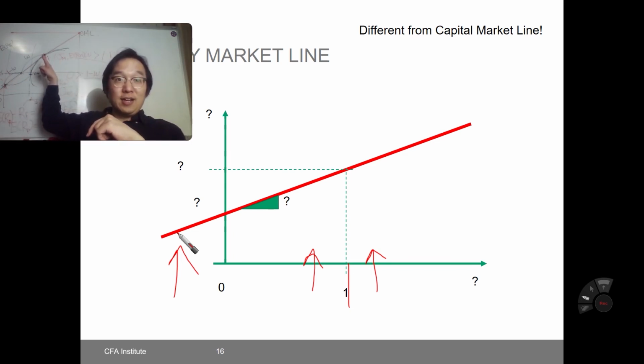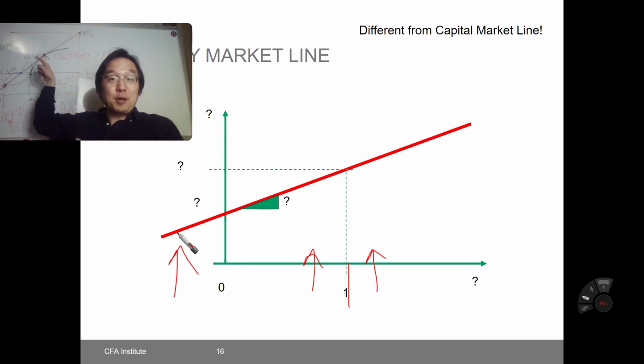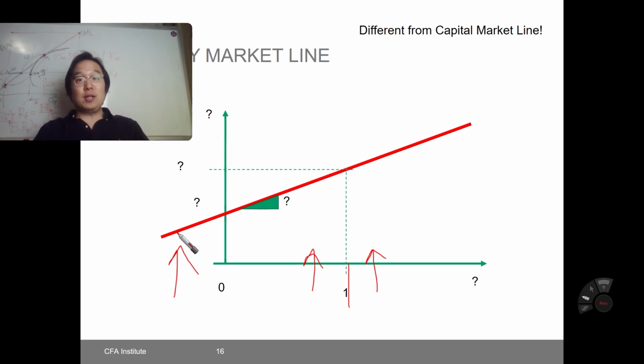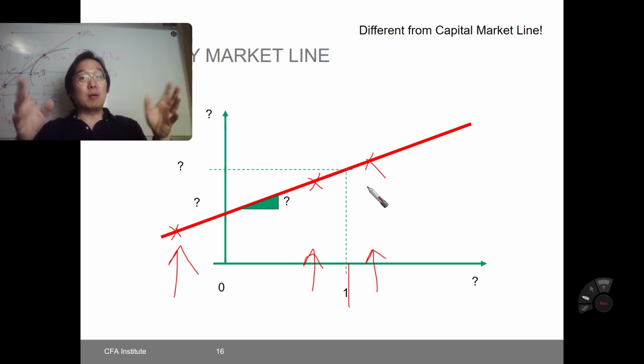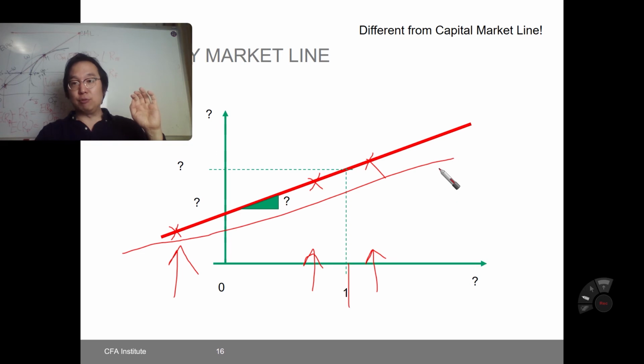Those securities with a certain level of beta should all line up on the security market line. And in this equilibrium, we have an assumption that the market is efficient, reflecting the true value, the information about the intrinsic value very correctly. Then everything has to line up on this security market line nicely.